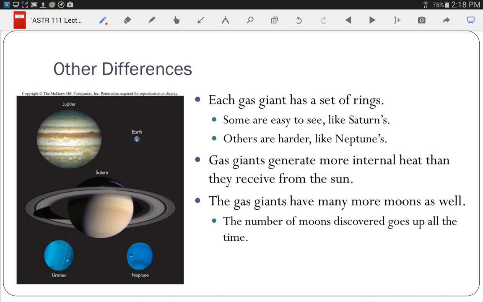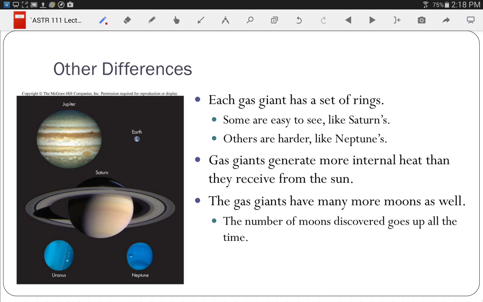Okay, differences in our gas giants. Every single one of them has rings. Saturn's are easy to see; the rest of them, not so much. They generate heat internally. You should be able to tell me how they're generating that heat.